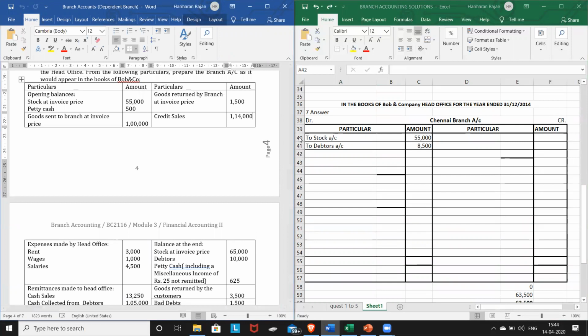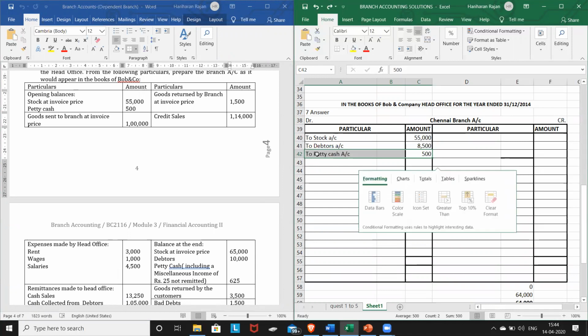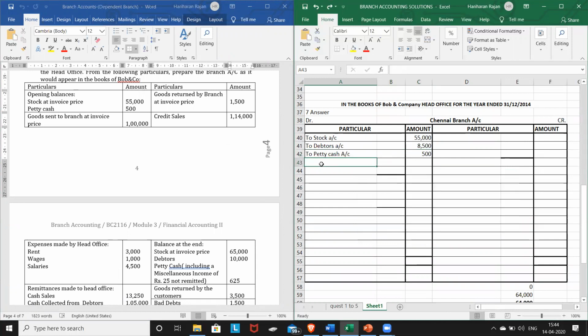What are the other information? Petty cash: to petty cash 500. Goods sent 1 lakh, and there is goods returned of 1,500, so the difference amount is 98,500.